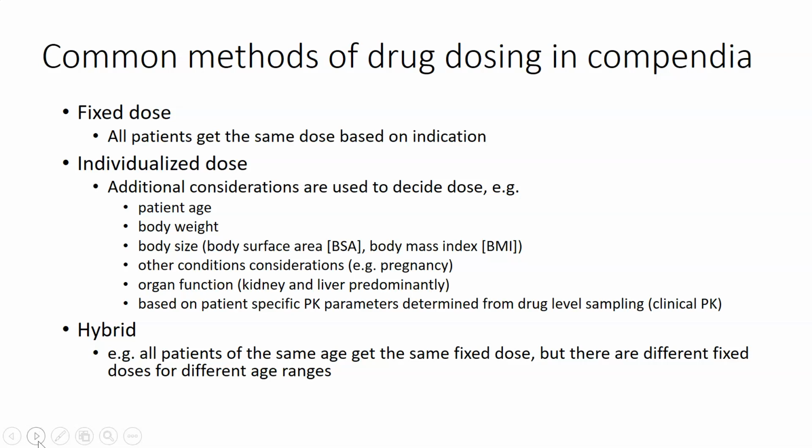And then sometimes another condition might change the dose that we would give to the patient. This can be related to physiologic factors like pregnancy. It can be perhaps a condition that impacts another condition. And then most commonly, and what pharmacists are involved in a lot, is making individualized dosing based on a patient's organ function.